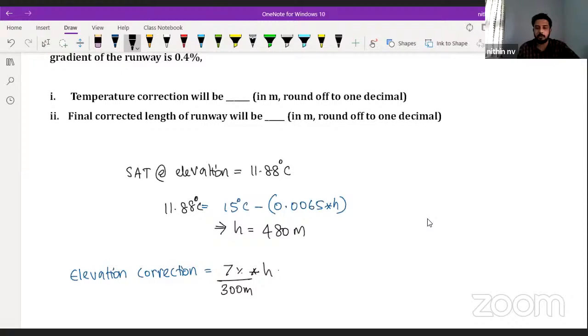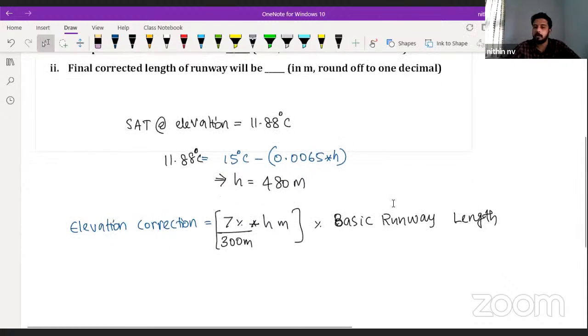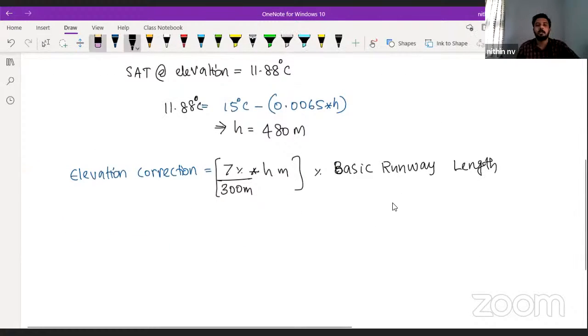So for each h meter elevation, we have to give this much percentage of the basic runway length. So for each 300 meters, we are going to give 7%. Whatever your elevation is, that into h of the basic runway length.